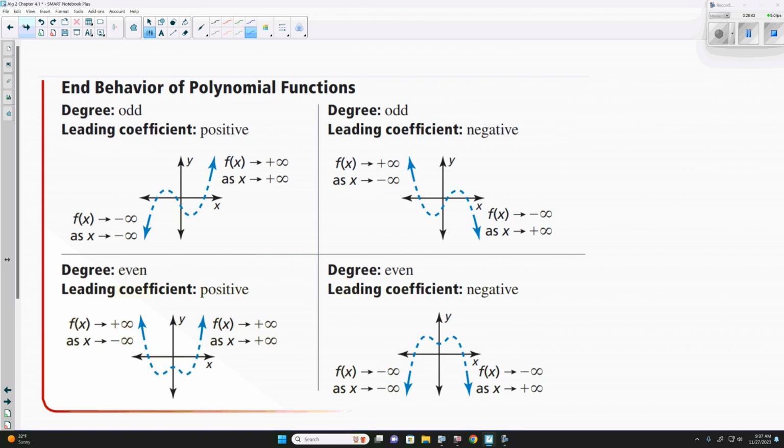Draw this out on the whiteboard too. Degree. One of 2 cases. It's going to either be even, or the degree is going to be odd. The degree is either going to be even or odd. Only 2 cases that we have.